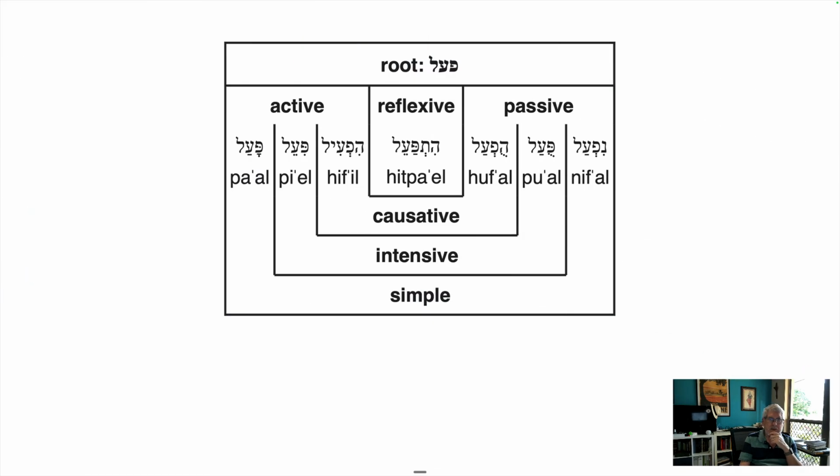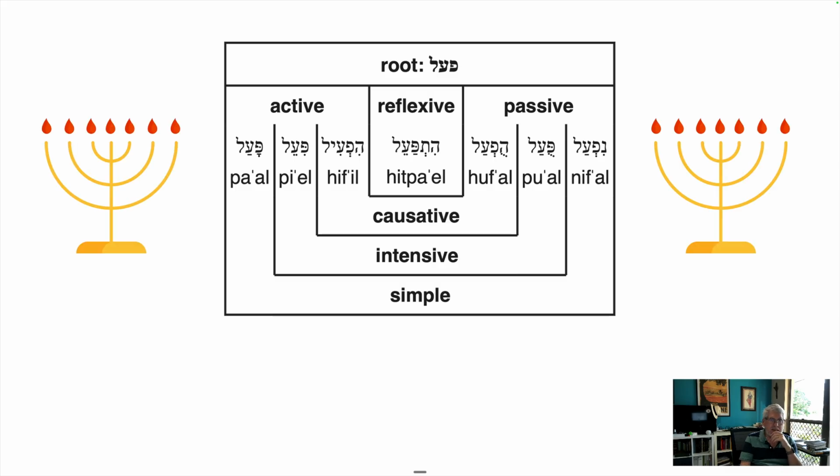Okay, so this is a little table that some people have found helpful, and it's picking up the metaphor of the menorah, and it's allocating the forms of the verb, the different constructions or binyanim, the different buildings, across the different candles of the menorah.